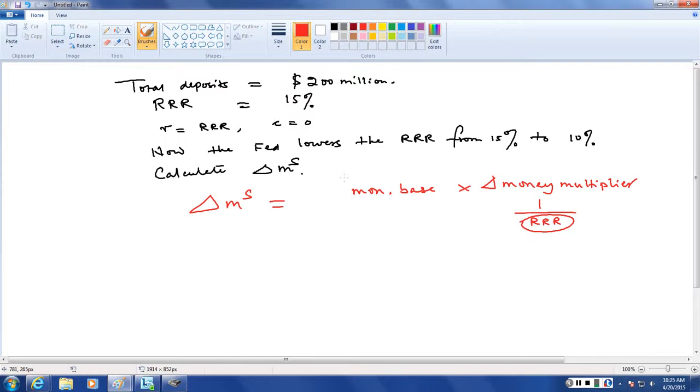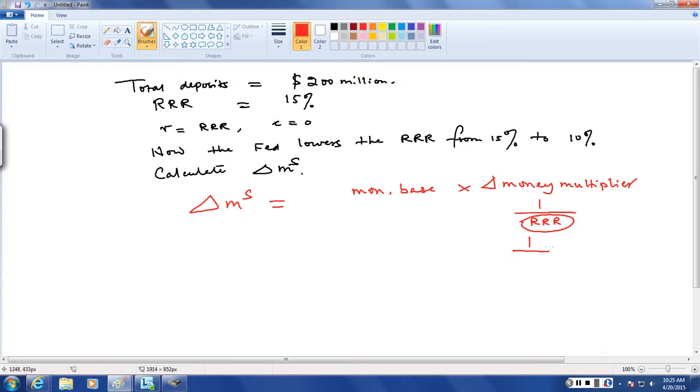All right, then how do we proceed now? What is the monetary base? Now we can figure this out. The change in the money multiplier, what will that be? Yes, well, it'll have to change. How would this change then?